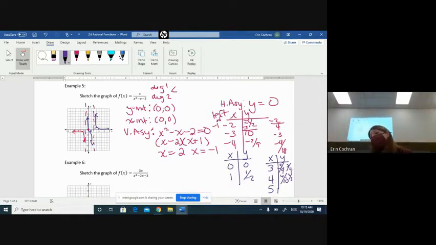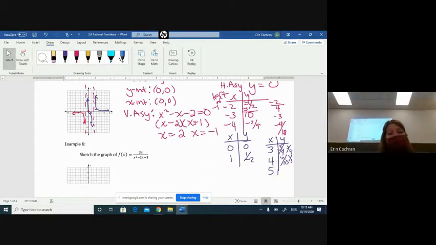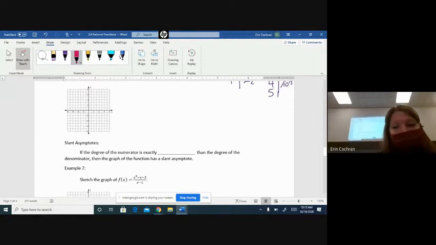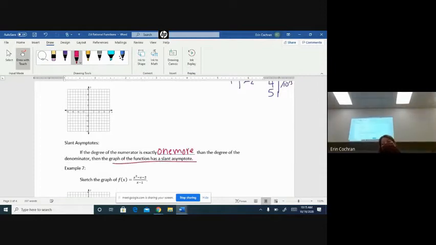If the degree of the numerator is exactly 1 more than the degree of the denominator, then the graph of the function has a slant asymptote. It will have a slant asymptote. We'll talk about that, okay?